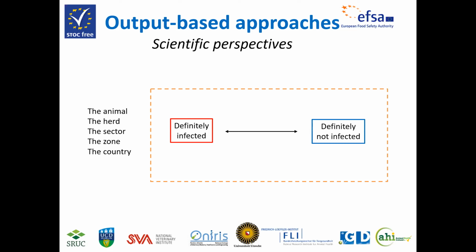On the left-hand side, we have no certainty of freedom. In fact, that herd is definitely infected. And on the right, we have absolute certainty that the herd is not infected. And we essentially have herds or animals or sectors or countries sitting at some point along that spectrum from definitely infected through to definitely not infected.